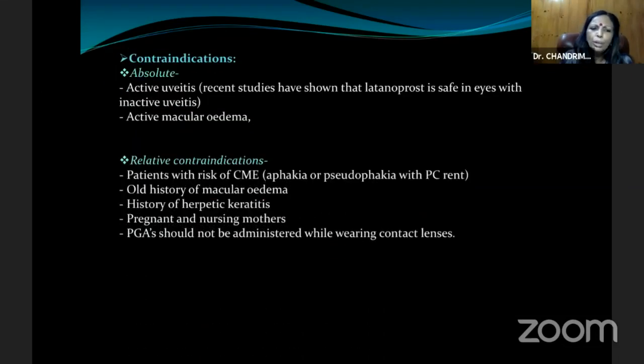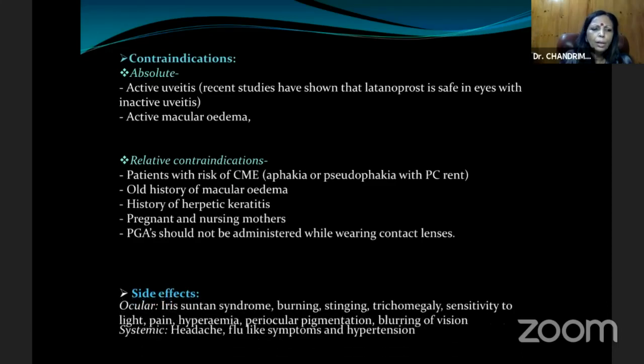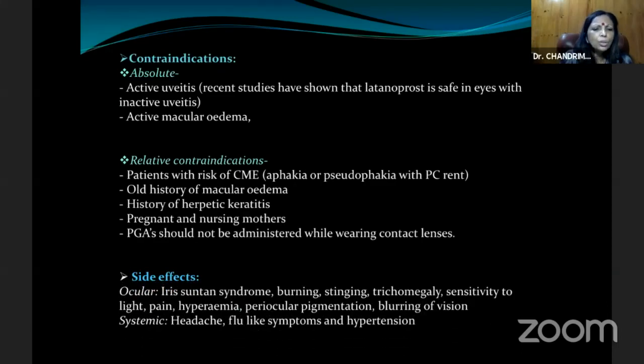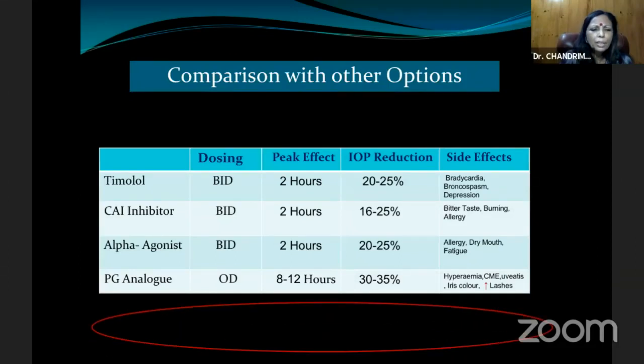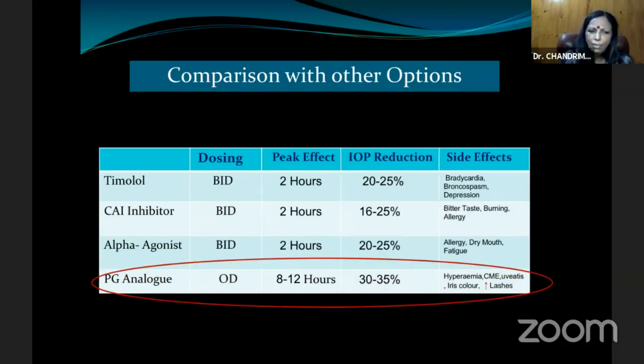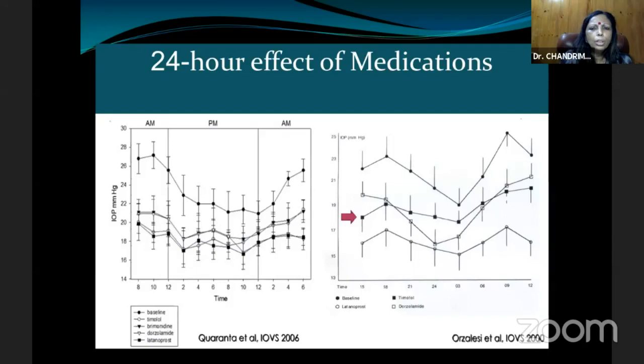Contraindications, I wouldn't go through it because it was dealt with very nicely by my previous speakers, so I won't go into that. So just the comparison: PG analogs are the most effective when compared to the carbonic anhydrase inhibitors or the alpha agonists or timolol. And the 24-hour effect of medications, well, if you look at that, latanoprost actually, as opposed to other prostaglandin analogs, has the best IOP lowering activity, both when you compare it to the other drugs and even on a baseline IOP.